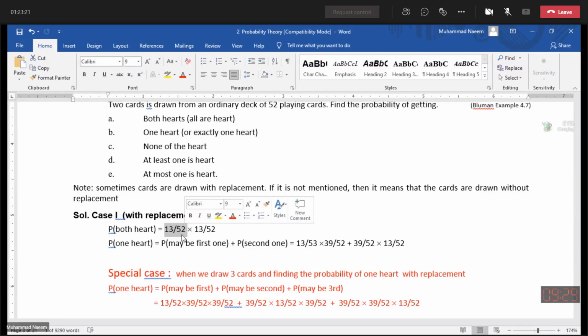As in the next draw, we are interested again in a heart. So the probability of the second card to be heart is again 13 by 52, because in this draw again the availability is the same. This is the case of with replacement.